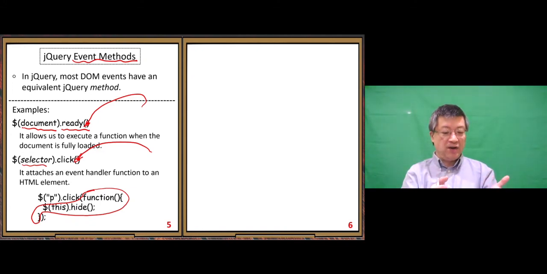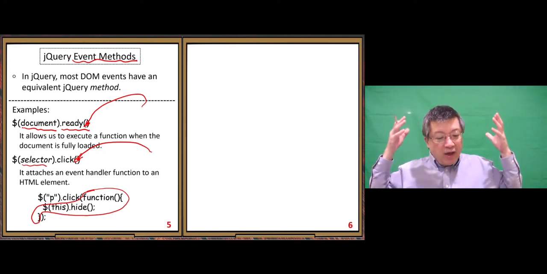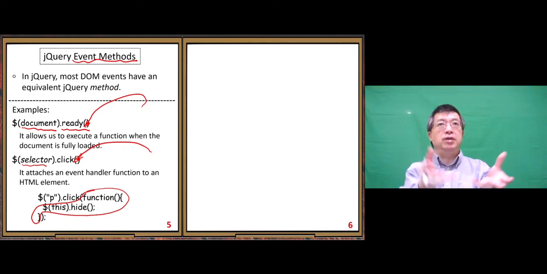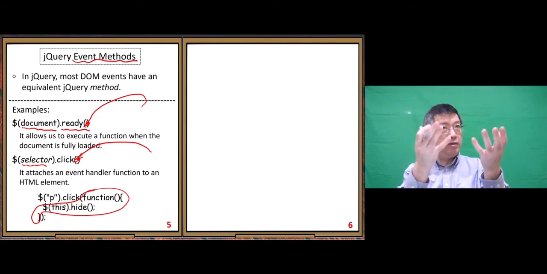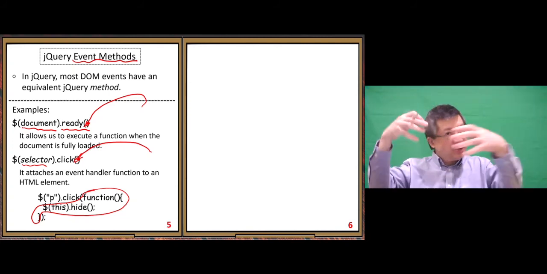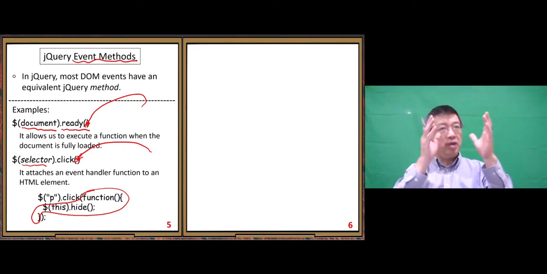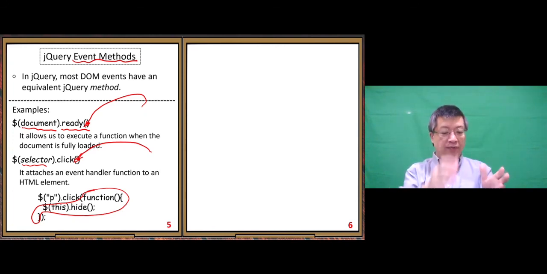So we pass that anonymous function expression as a variable to it. That could be treated as a variable, right? So this function will be executed when the click event occurs. All right.